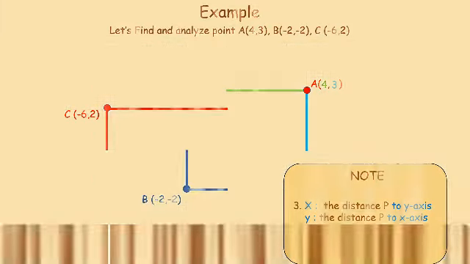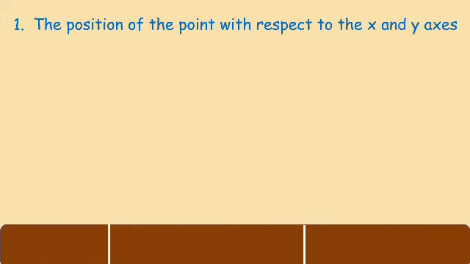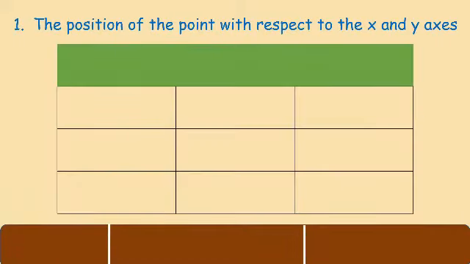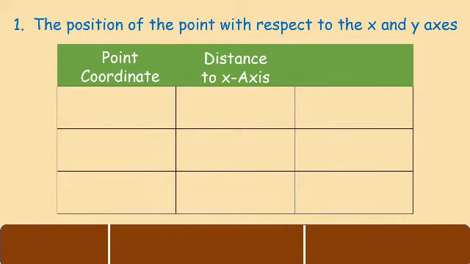From this example, we can conclude the position of the point with respect to the x and y-axis. Here we can make a table that consists of point coordinates, distance to x-axis, and distance to y-axis. So, how to determine the distance? Well, please pay attention to the footnote, yeah?